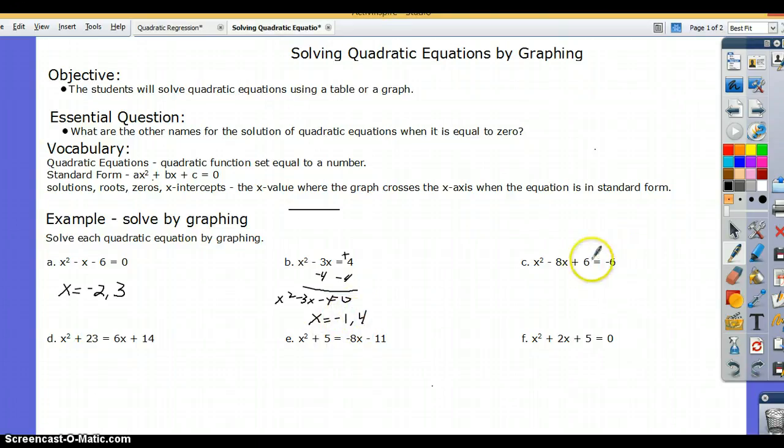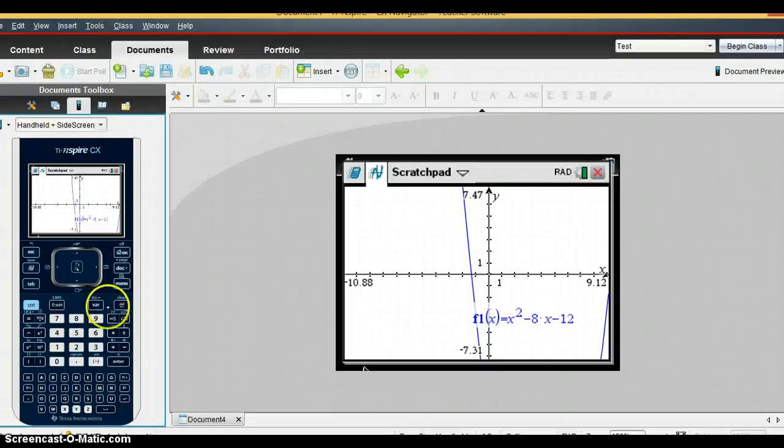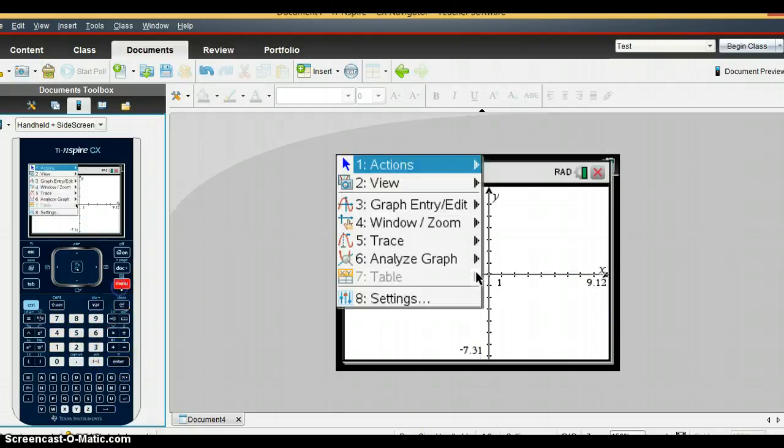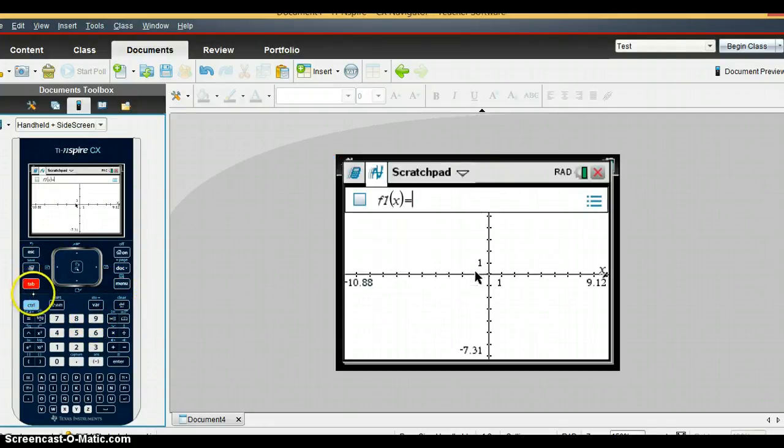So now we're going to come over here to this one. So we have a -6, so we need to add 6 to both sides. It's going to give us x squared minus 8x plus 12 equals 0. So delete what we have. Alright, so menu, or not menu, what am I doing? Tab.